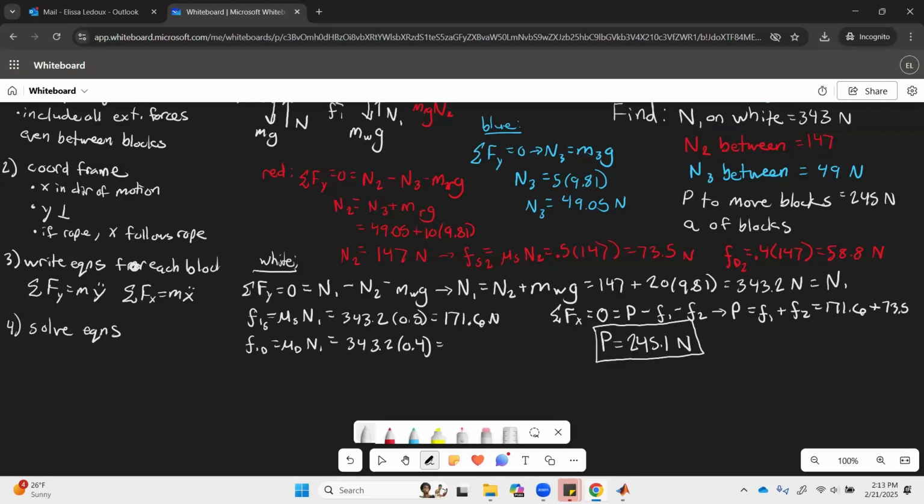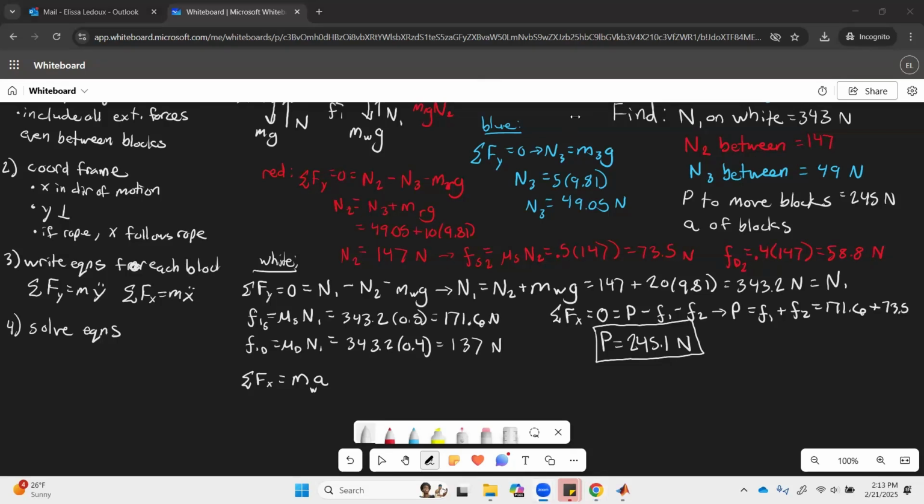And this is going to equal 137 newtons. So now we have sum of the forces in the X direction equals mass times acceleration. And this mass is the mass of the white block, only the mass of the white block.